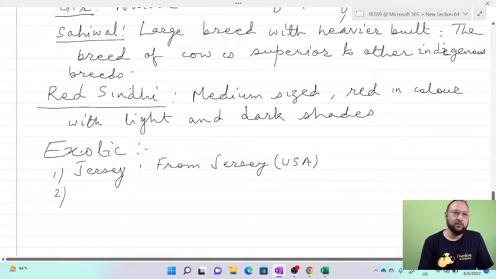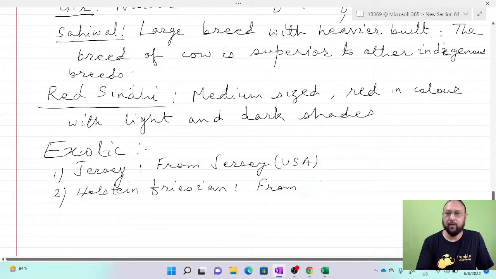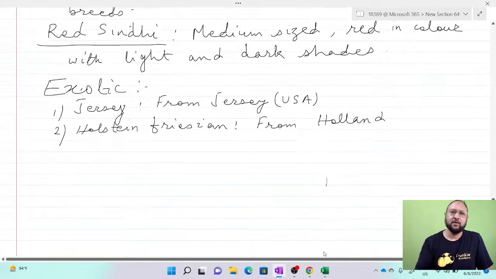Number two is the Holstein Friesian, a breed from Holland. These exotic breeds are brought from other countries and acclimatized. And number three, Brown Swiss.